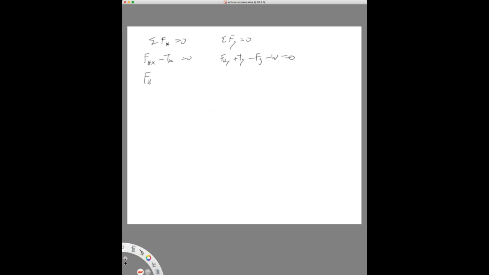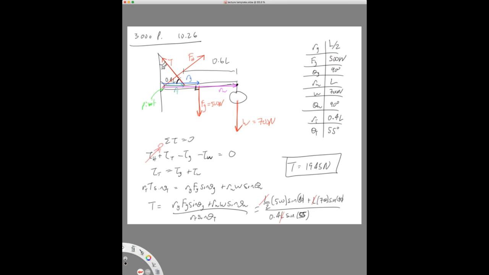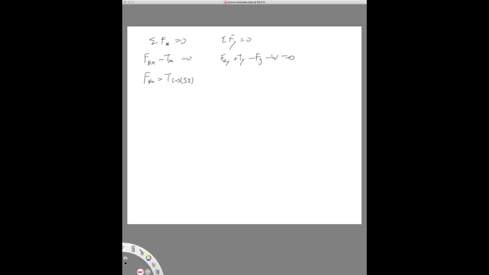So the F hinge x is just T times the cosine of 55, that angle that we found at the bottom here is 55. And F hinge y is going to be force of gravity plus W minus Ty, which is T sine of 55.